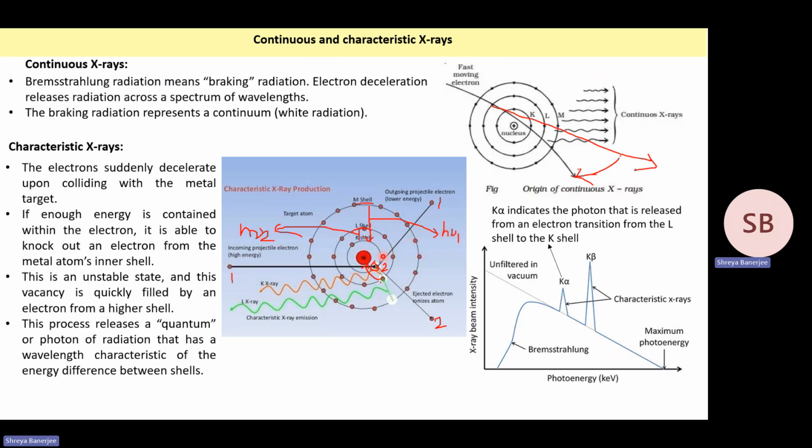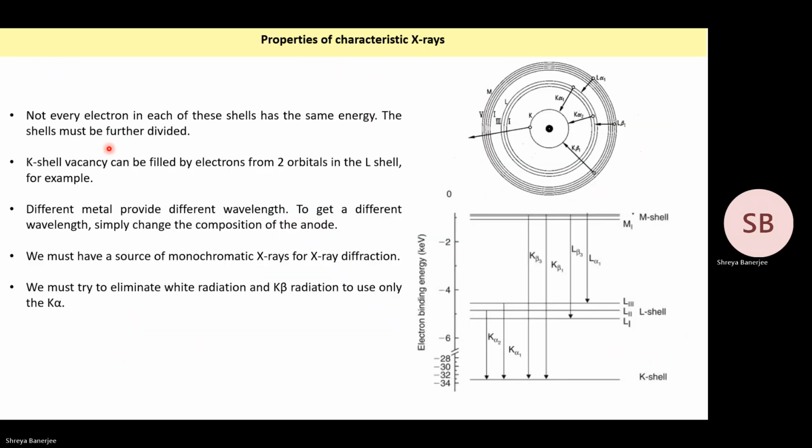These are all quantized energy levels, which is why when such a transition occurs, X-rays of only a particular wavelength are formed, and these are called characteristic X-rays because they only have a particular wavelength. Now, not every electron in each of the shells has the same energy. So the K shell has only one subshell, but the L shell has three different subshells.